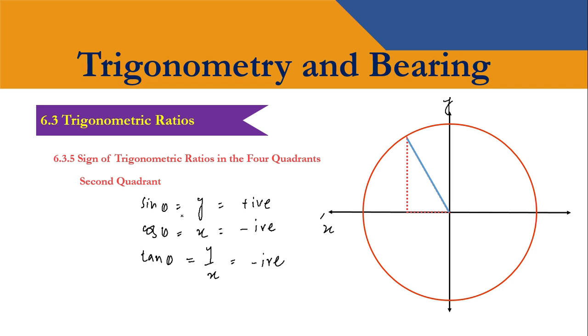So these three ratios: sine is positive, cos is negative, tan is negative. Similarly, if sine is positive, then cosecant theta, the reciprocal of sine, is also positive. The reciprocal of cos theta, which is secant theta, is negative. The reciprocal of tan theta, which is cot theta, is also negative.